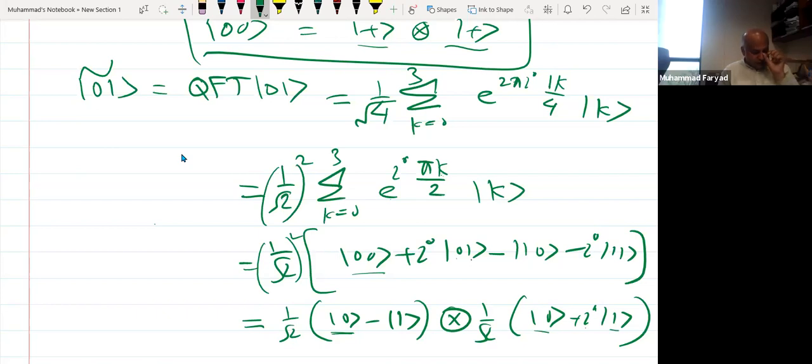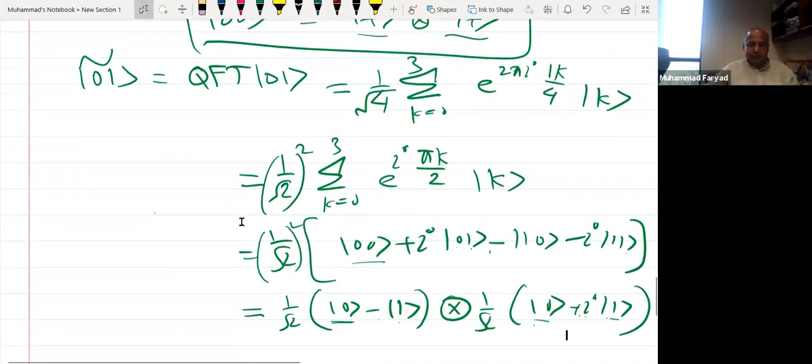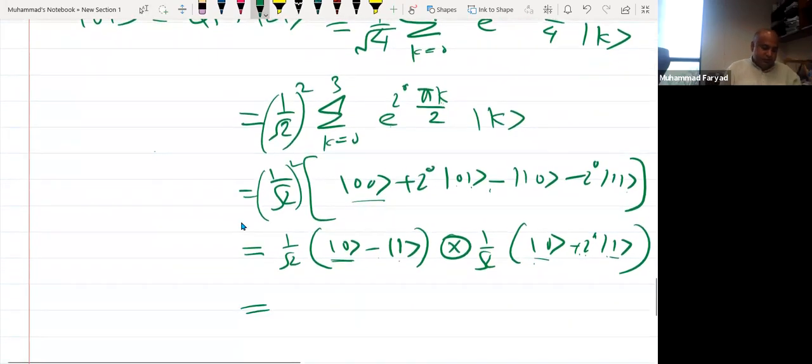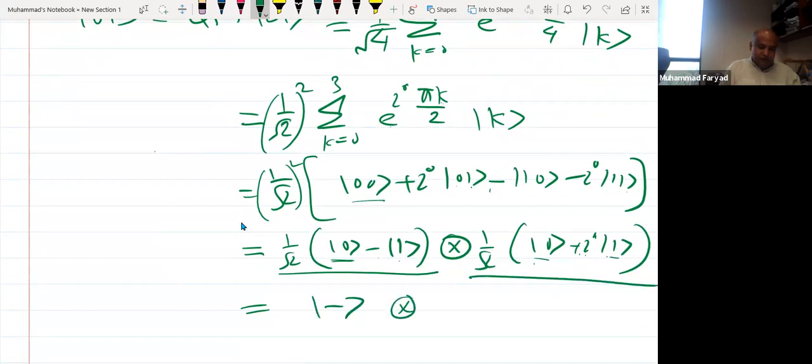Then 1 into 0 is with minus sign, and 1 into 1 is 1 1, and this is iota, and this minus sign is here. And this state is minus, and this state is what we call plus iota state.